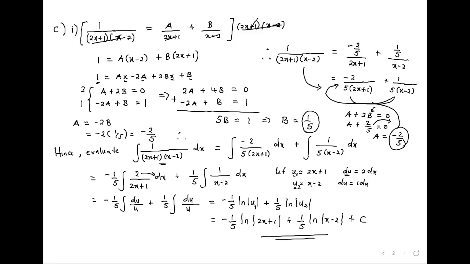This all together was -2/5. And then when taking out of the integral, we have only taken out -1/5. We have left the 2 inside. Okay. This was C1, and then C2.